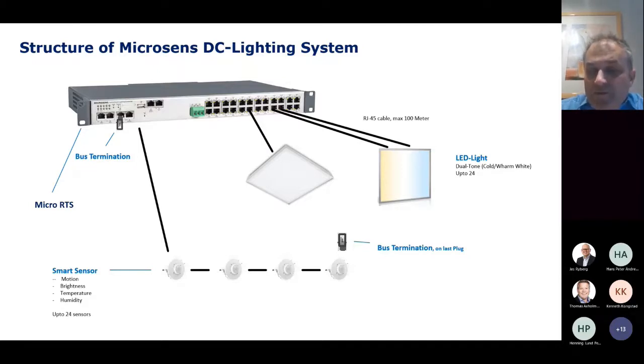You see these RJ45 connectors. We use them only to have a standardized cabling. You can use the standard CAT cabling from the network also to connect luminaires. So this helps to make the handling with the cabling easier.